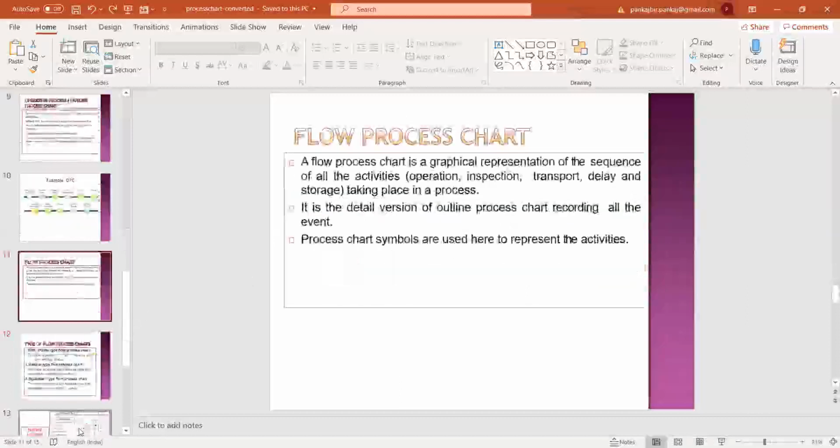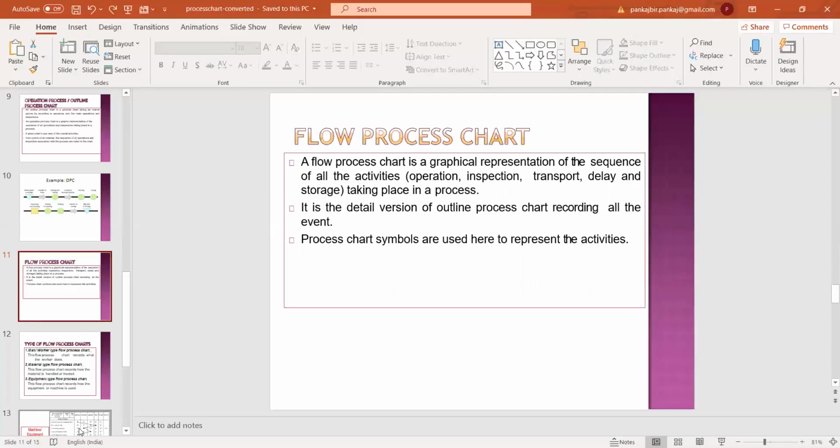The second kind of process chart is known as flow process chart. And what is a flow process chart? It is a graphical representation of all the operations, including transportation, inspection, delay, and storage, and all the activities during the production process.